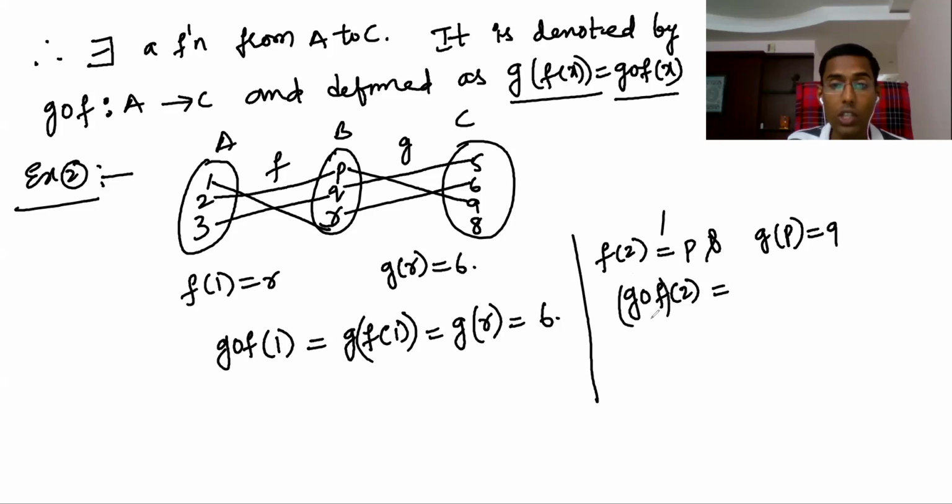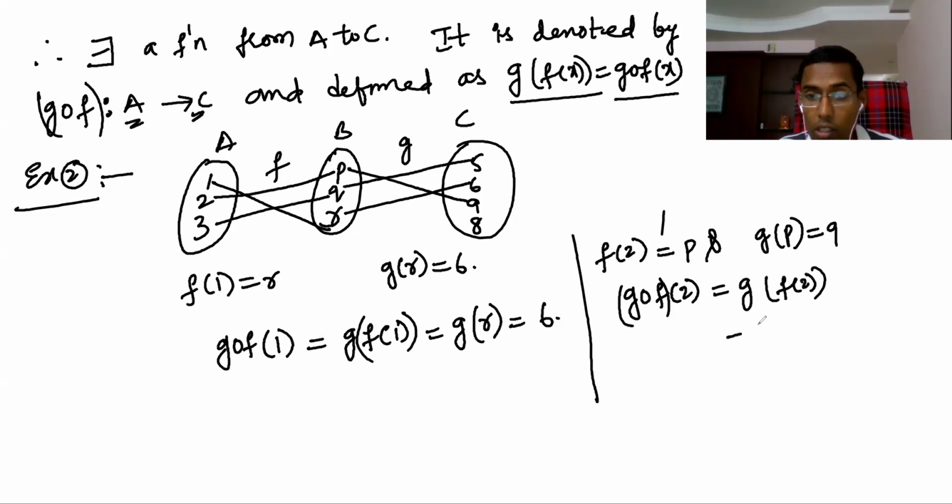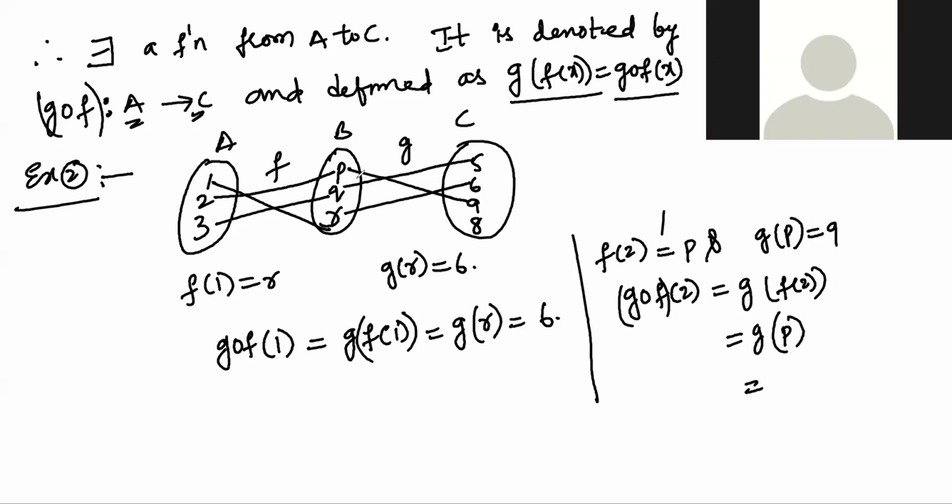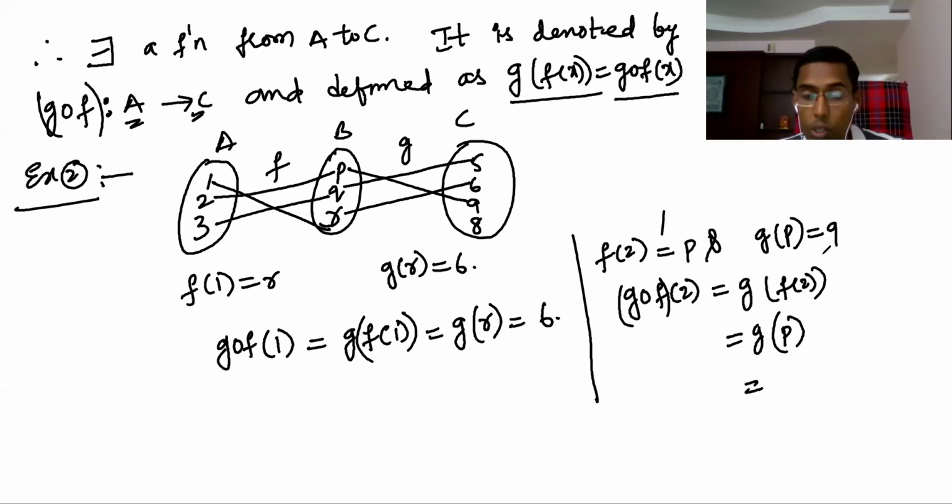G circle F is another function from A to C. So G of F of 2: the image of 2 under the F function is P, and G of P is 9. Therefore G circle F of 2 is 9. Like this we find.